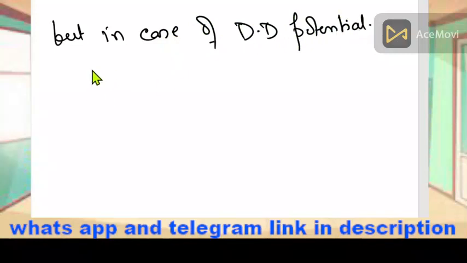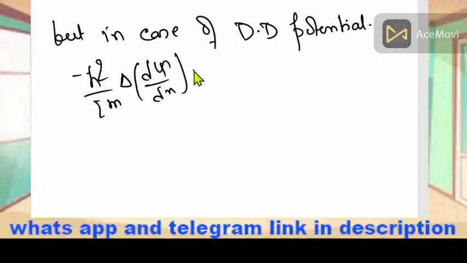But in case of a Dirac delta potential, minus h bar square by 2m times the change in d psi by dx, or the change in the tangent, is not equal to 0.